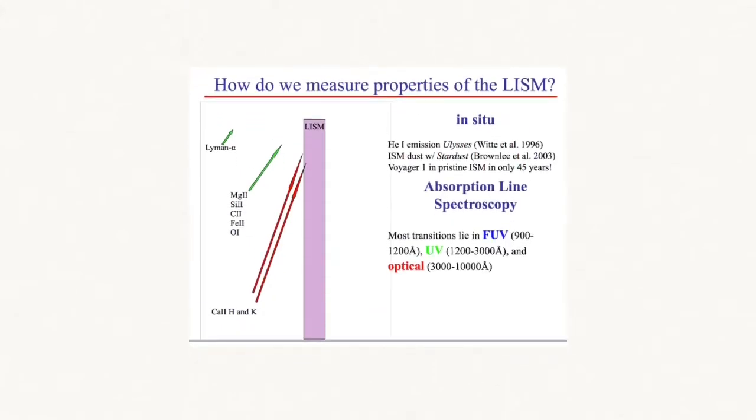Alright, so this is going to be the shortest crash course in studying the local interstellar medium that you will literally ever take in your entire life. So how do we go about measuring this stuff anyway? Well, there's a couple ways to do it. We can use radio astronomy to study the line of sight. We can use absorption line spectroscopy. We can take in situ measurements such as the missions Ulysses through IBEX to determine properties in the local interstellar medium.